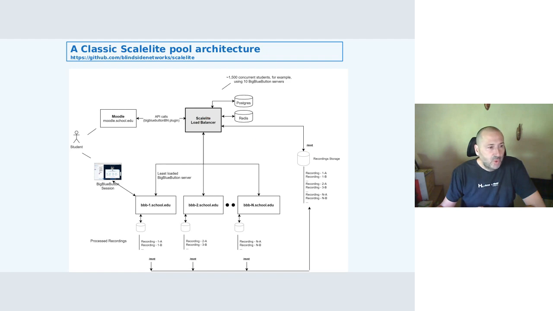What is important to note is that the number of BigBlueButton servers here is static or varies little over time, because adding or removing a BigBlueButton server from the pool is a time-consuming manual operation. You have to act on Scalelight to tell Scalelight that there is a new server when you want to add it.